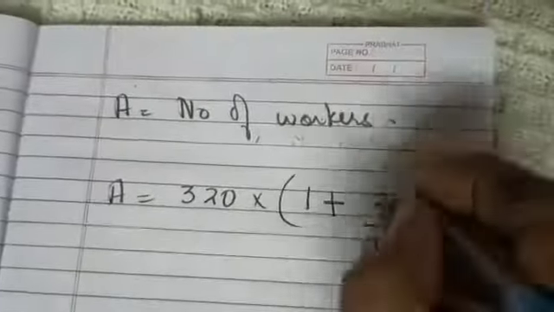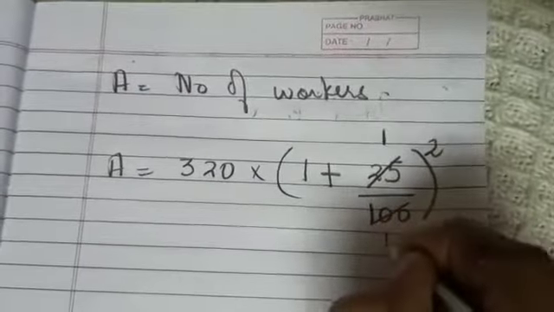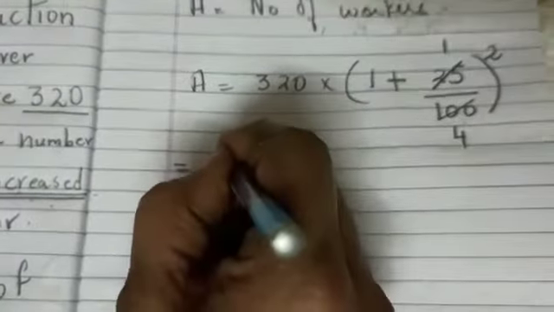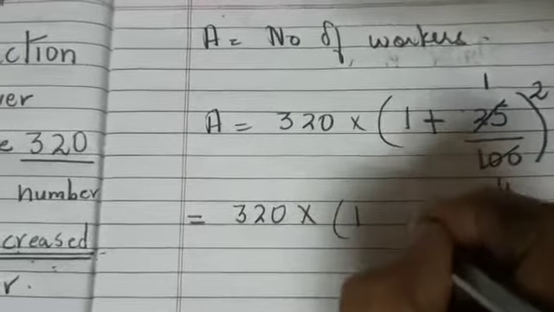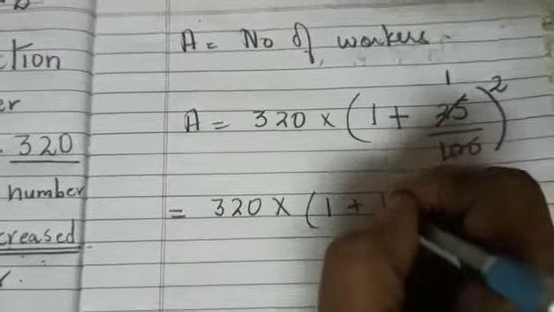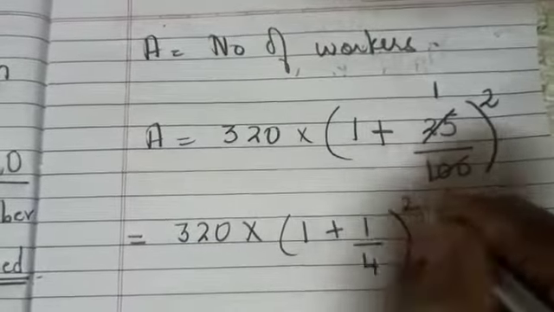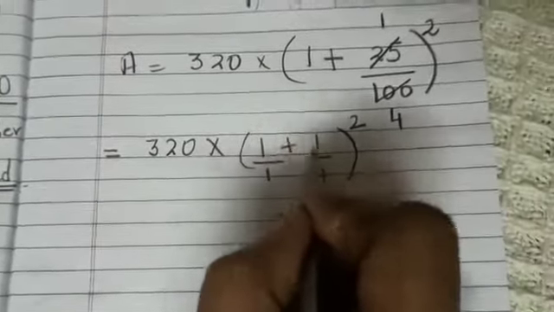So we can reduce it. So here you will get 1 25s are 25, 4 25s are 100. So you get A is equal to 320 into 1 plus 1 upon 4, the whole raised to the power of 2.